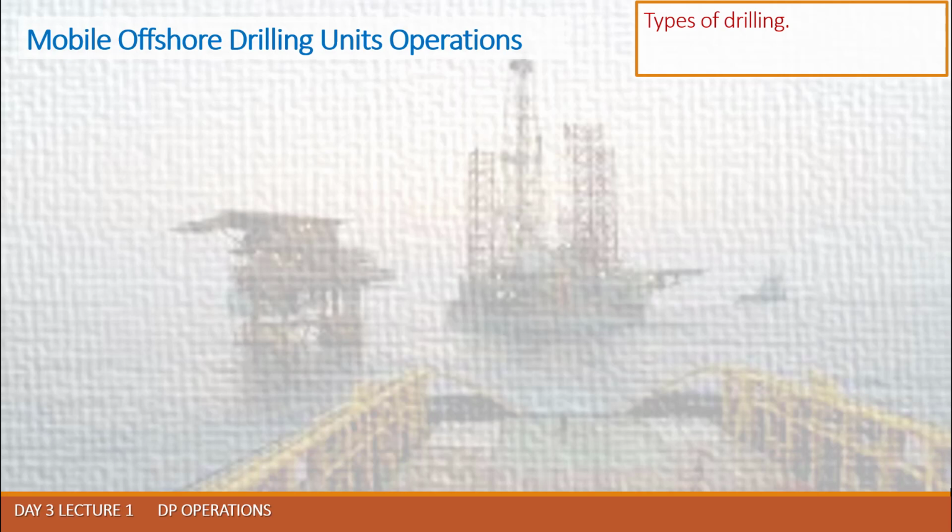The most reliable form of position reference is DGPS, as we know, and DGPS is still the most reliable. Separate and distinct DGPS systems provide almost total redundancy, provided that different differential correction links are used.